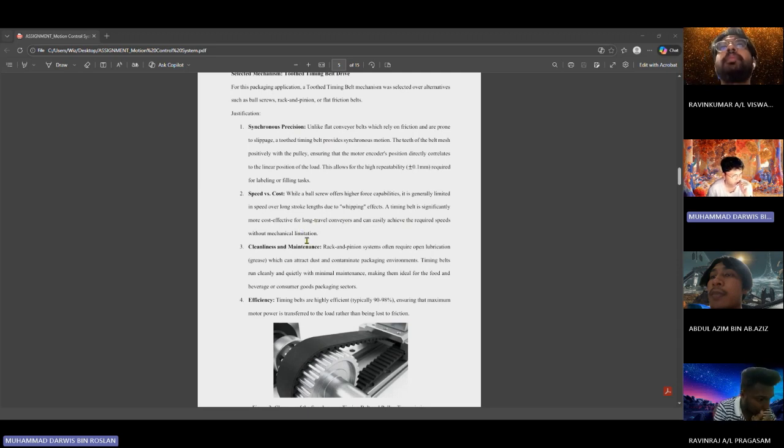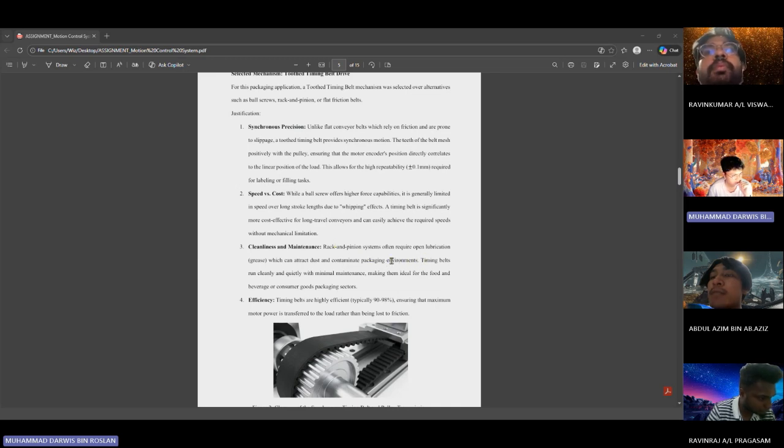The third is cleanliness and maintenance. A rack and pinion system often requires constant lubrication, which is grease, which can attract dust and contaminate the packaging environment.